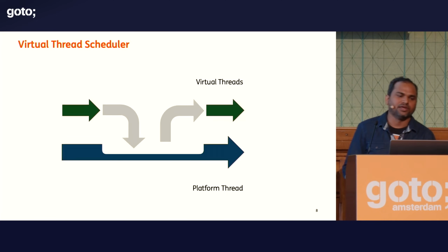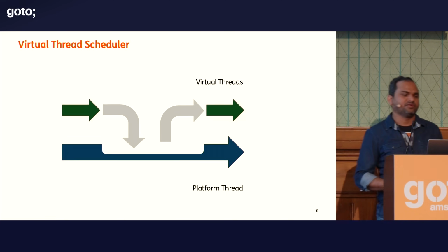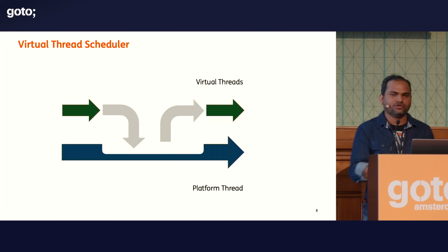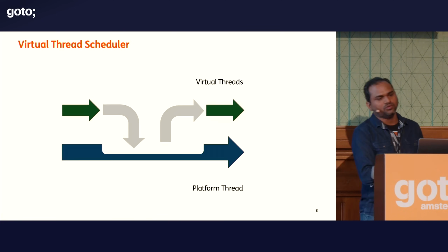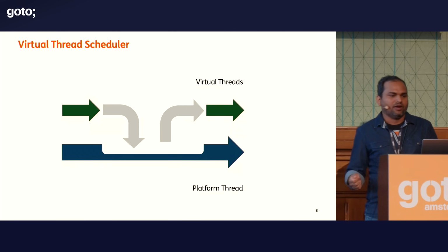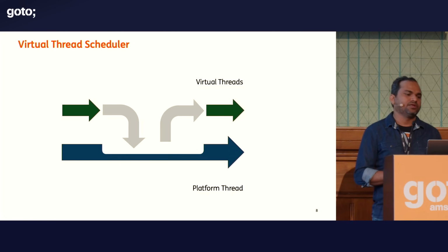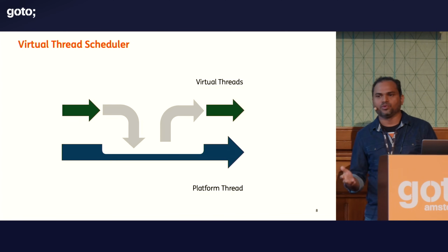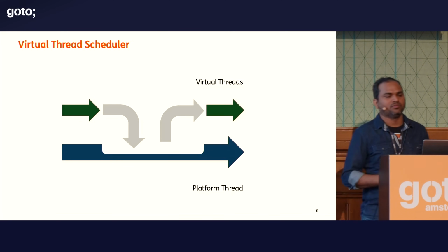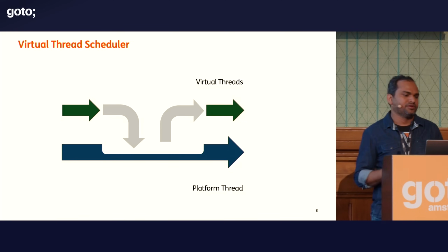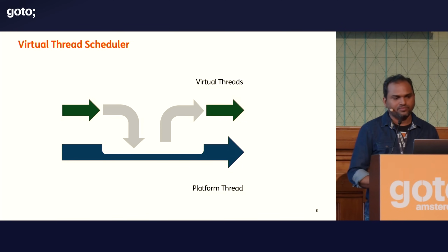That is being done by a virtual thread scheduler, so there is a specific scheduler for it. If a virtual thread requires a platform thread, it mounts it onto the platform thread. And when it does not require a platform thread, for example, if there's a blocking operation being carried out and the virtual thread is just waiting, then it unmounts it from the platform thread. And that mounting and unmounting is done by the virtual thread scheduler.